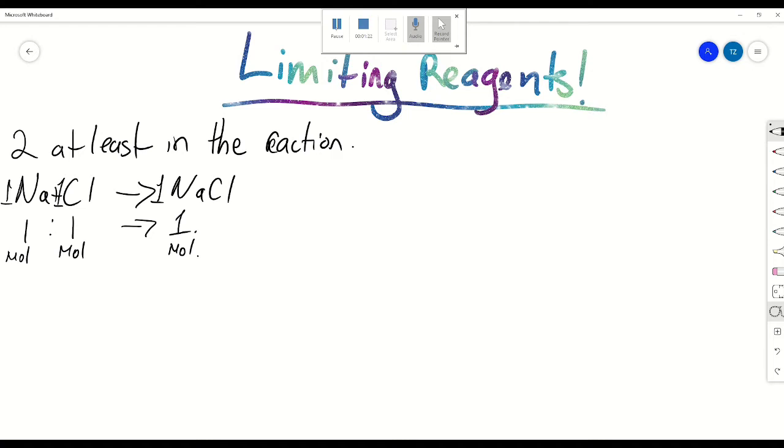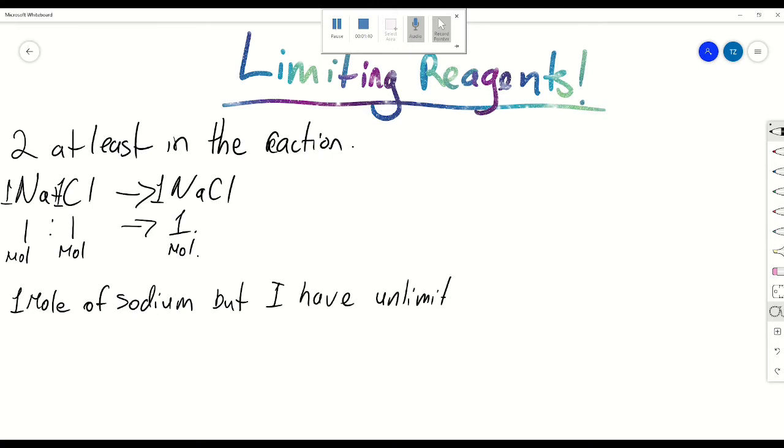So, if I had 1 mole of sodium, which is the harder thing to get in this example, but I have unlimited Cl, this will be my limiting reagent.